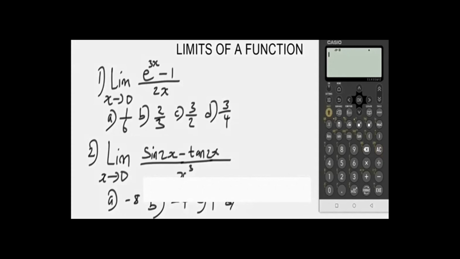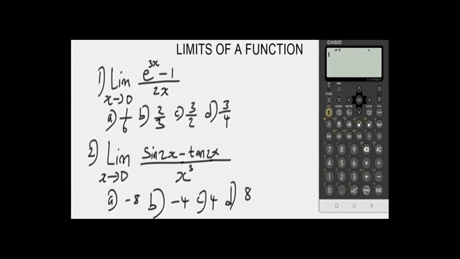The value of x is still tending to 0, so there's no need to reset the calculator again. The only time you need to reset the calculator is when x happens to be tending to a different number from the one you have used already. But in this case, x is still tending to 0. There's no need to reset the calculator and store x as 0 plus 0.001 again.